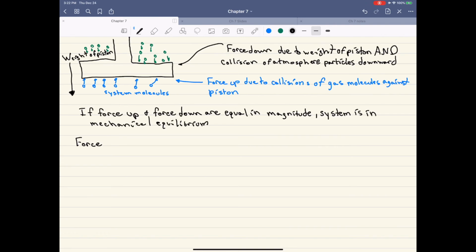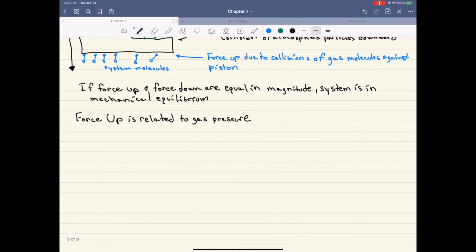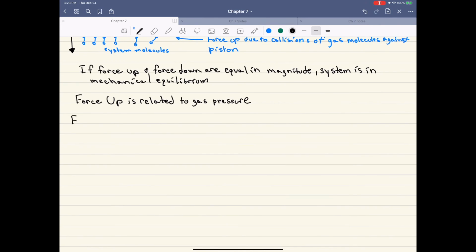So our force up, that's going to be related to the gas pressure. Right, and so I'll say F up, force up, for that, it's going to be equal to the pressure of the gas times the surface area of the piston.